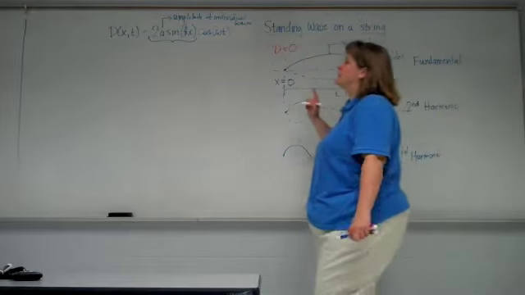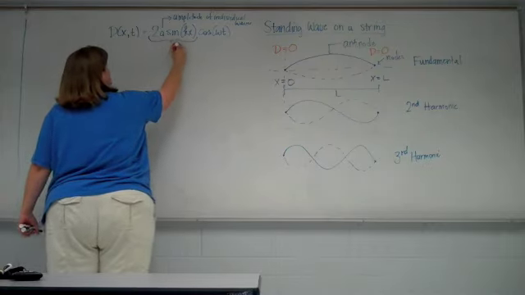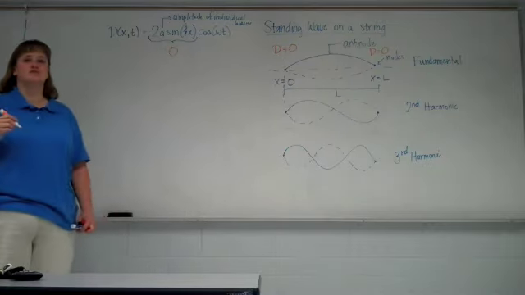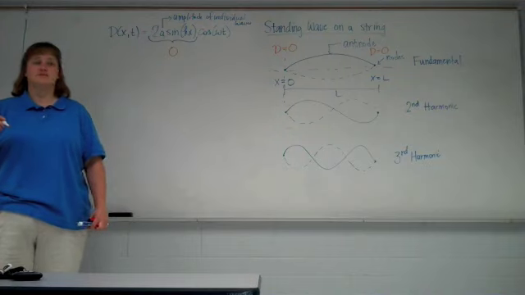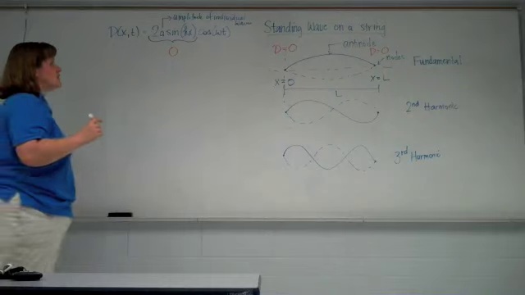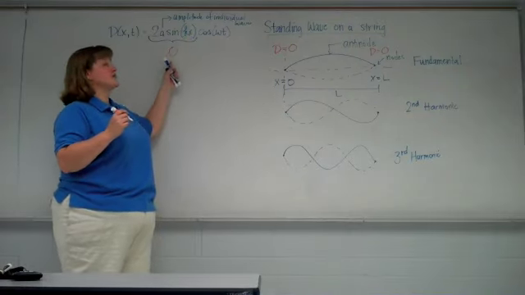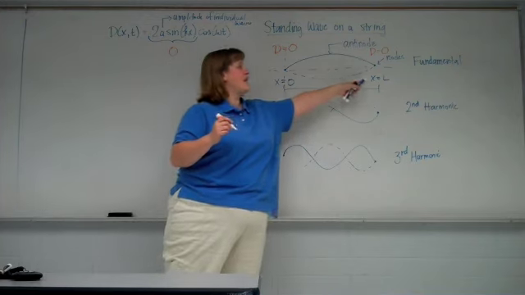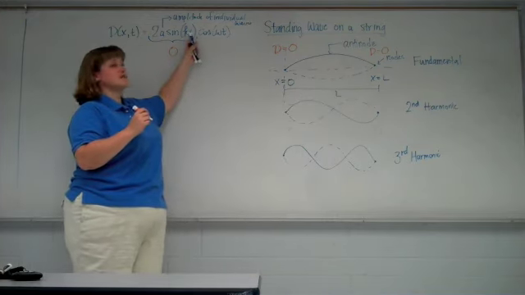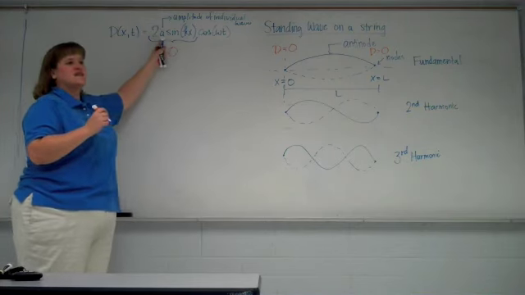Well, looking at this, basically this term here needs to go to 0 in order to satisfy the nodes. So at x equals 0, if we put 0 in for x, we need to get 0. If we put L in for x, we need to get 0 as well. A is not 0.